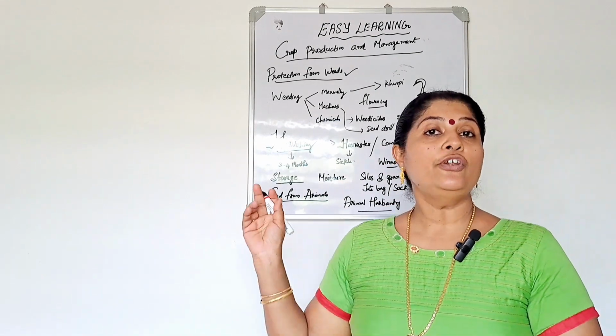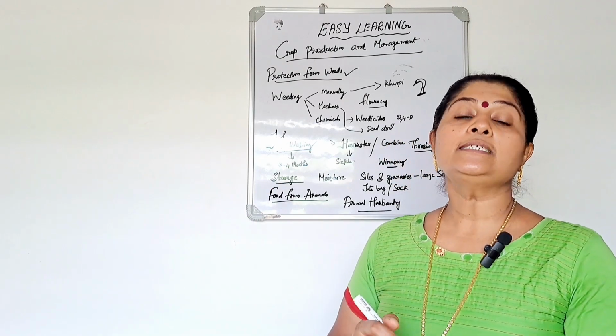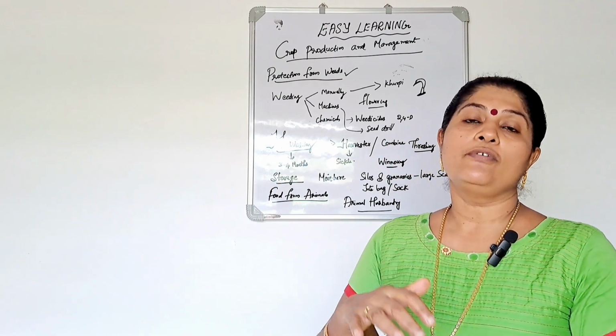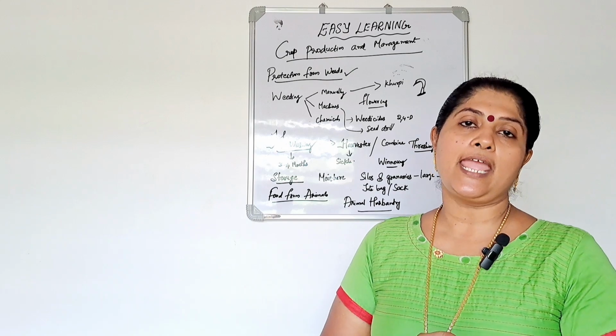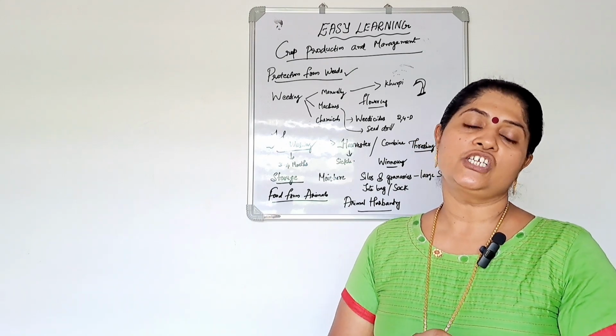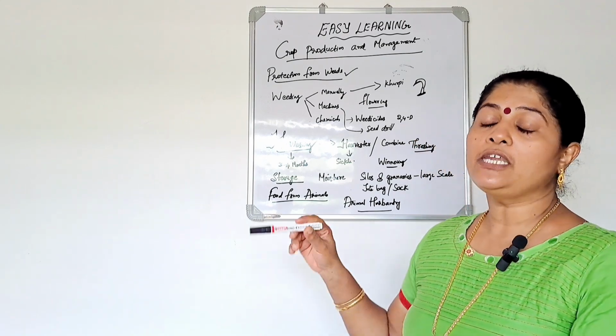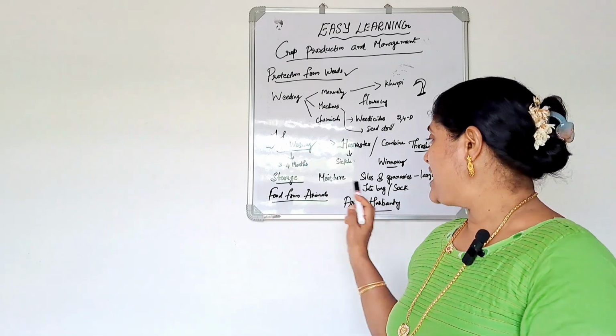So, how can you define animal husbandry? It is the rearing of animals on a large scale by providing food, shelter and care.